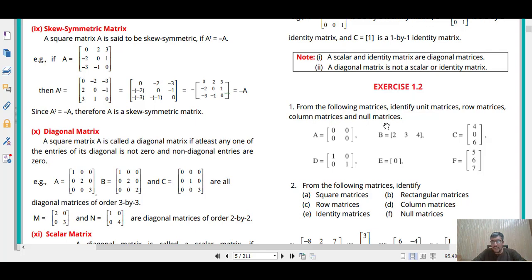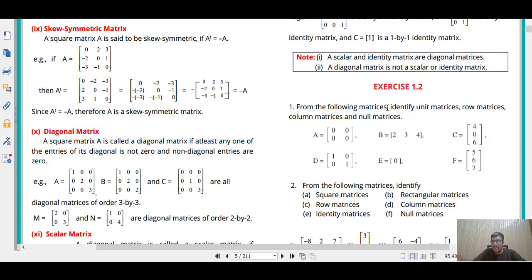How can you determine that this is a null matrix, square matrix, identity matrix, or which type of matrix? So before identifying the type of matrix, you must know about the types of matrices.